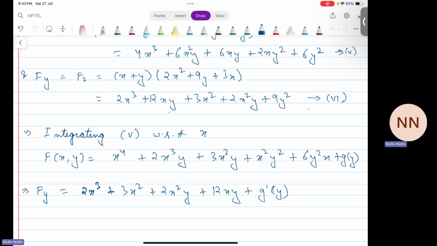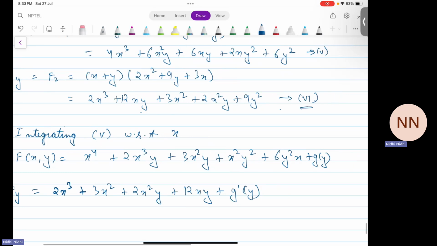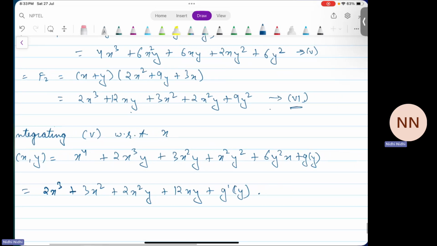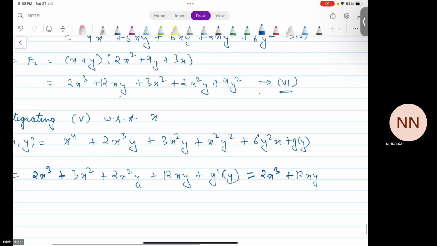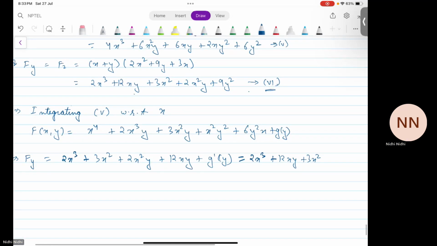Also, from equation 6, we already had f y, which was equal to 2x cube plus 12xy plus 3x square plus 2x square y plus 9y square.